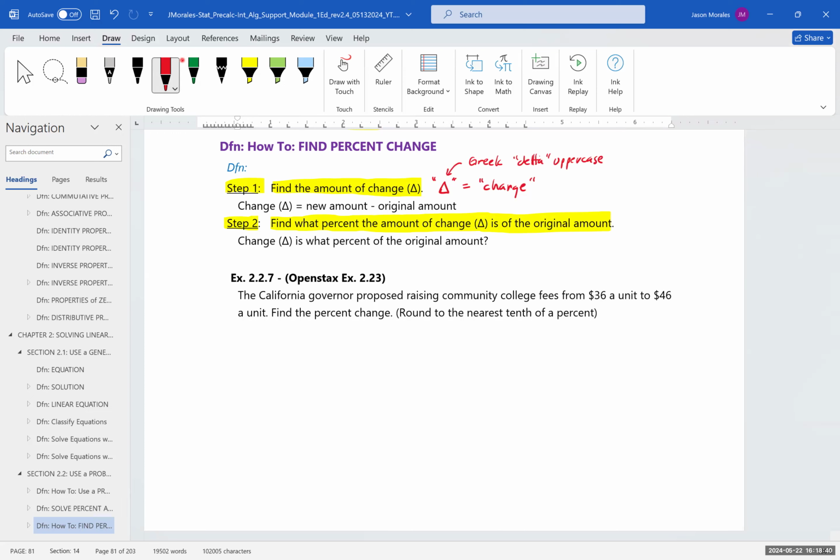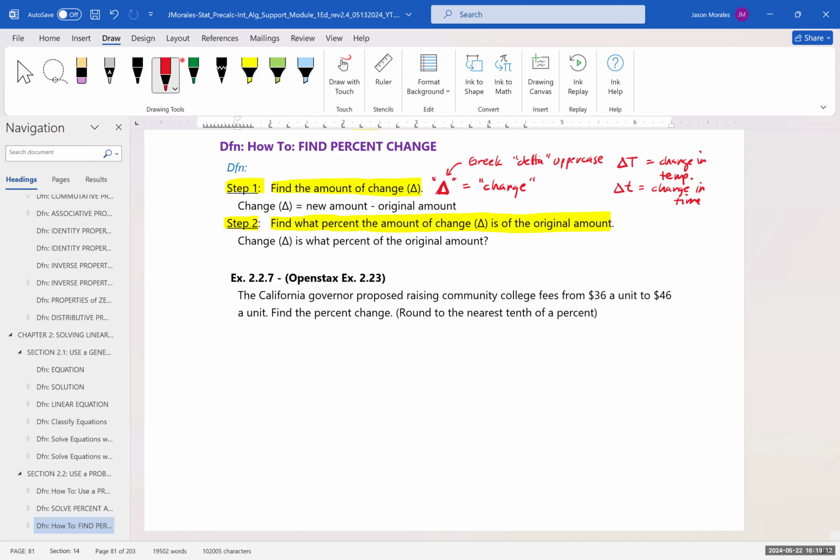And you see this a lot in the sciences. They'll say delta T, and this means change in temperature, or delta lowercase t, and this might be change in time, things like that. So I'm just introducing this symbol to you so you get used to seeing it and knowing what it means.